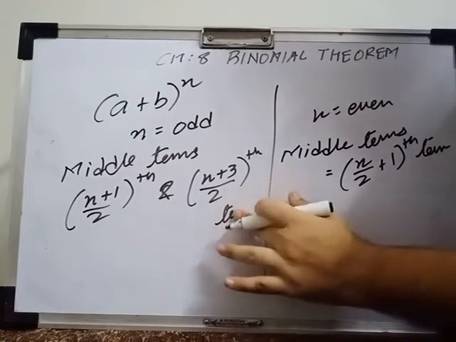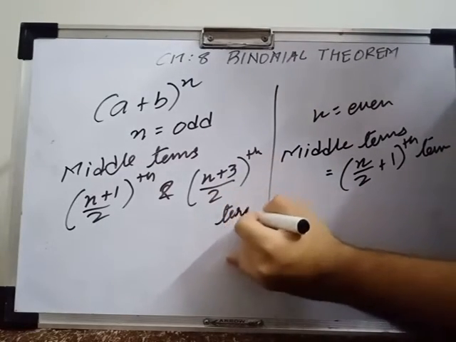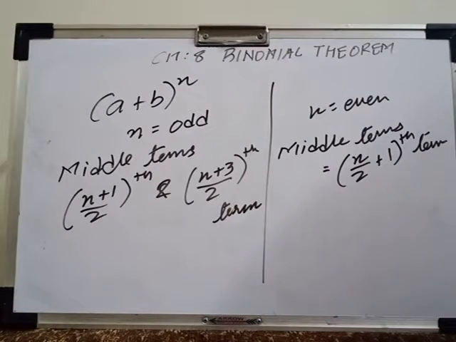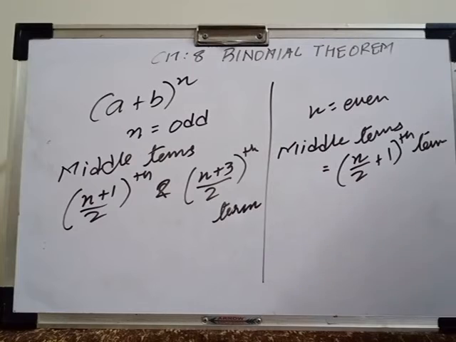Right. So if n is odd, then we have two terms, and if n is even, then we have one middle term. We'll use these three rules to solve our exercise 8.2. Right.